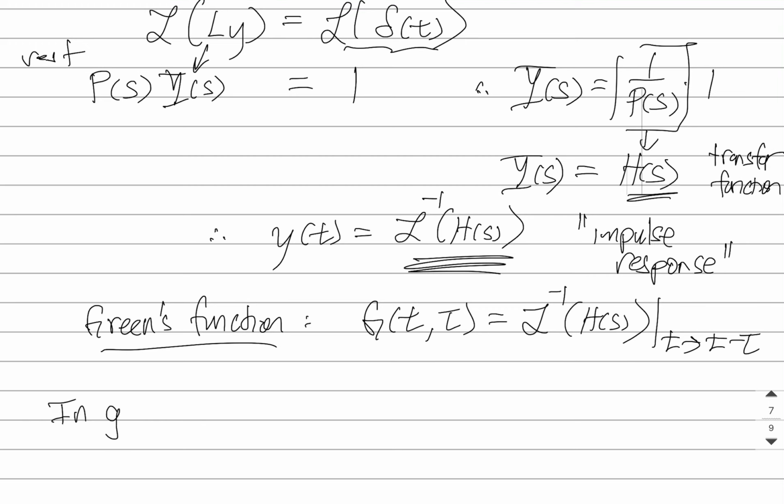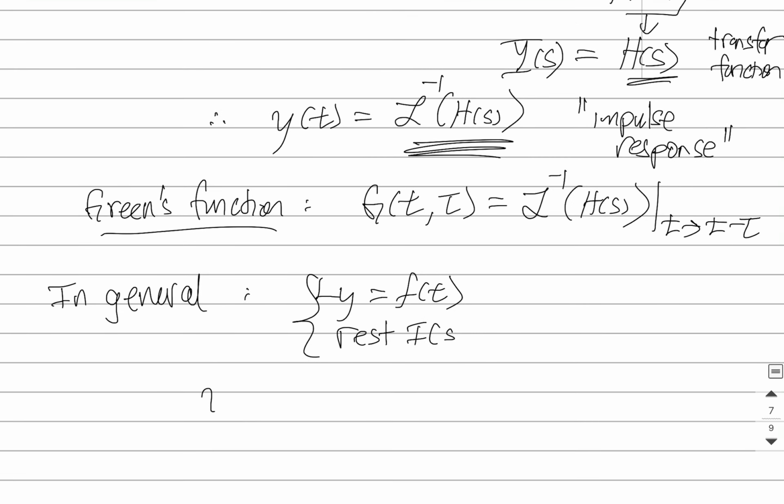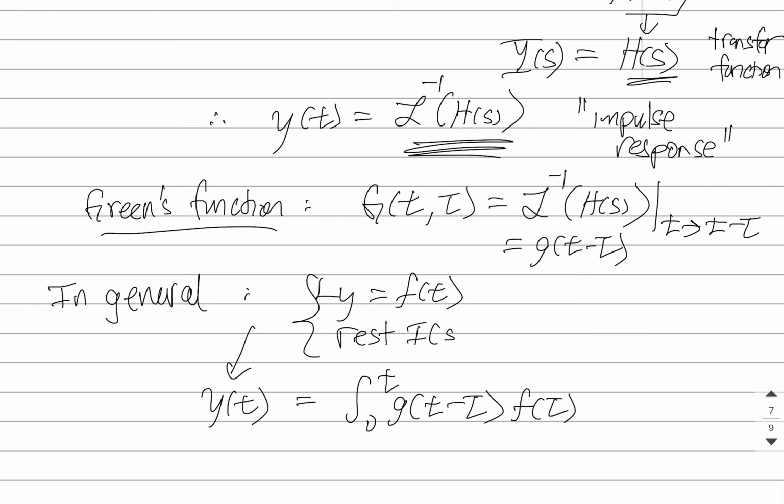So the reason we do all of this is that once we know the transfer function, once we know the impulse response, once we know the Green's function, we can come back to any differential equation with these rest conditions. The solution is just going to be found from convolution, the integral from 0 to t, and it's always going to be given by this Green's function that we found, simply integrating the right-hand side.